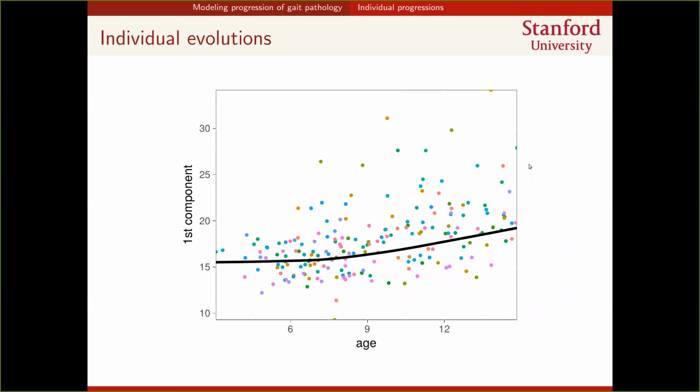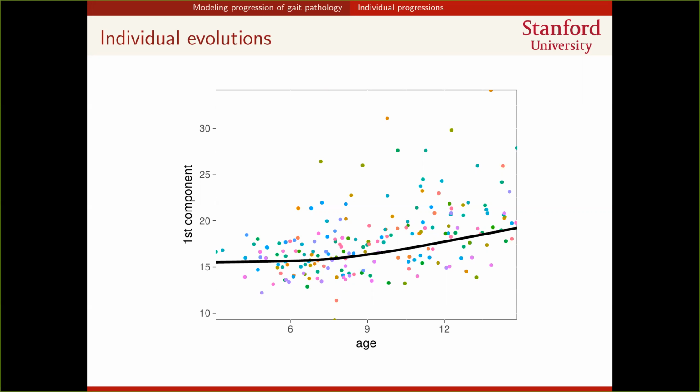What we are trying to do now, and what we are actually succeeding to do now, is not to look at the population trend, but at the individual trend. So up till now, I showed you how we can model the black curve here, the function of the first principal component as a function of age in the population, where all the observations of patients are treated independently.